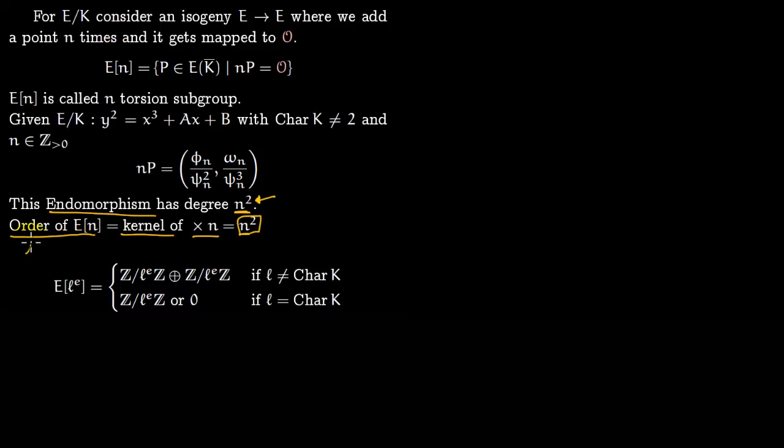So we are going to talk about this. This is a prime l, and this prime l divides, say, n. And now we want to talk about the order of this group E[l] and its structure. How will it look like?